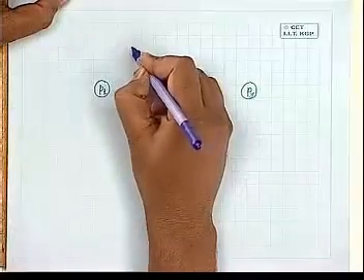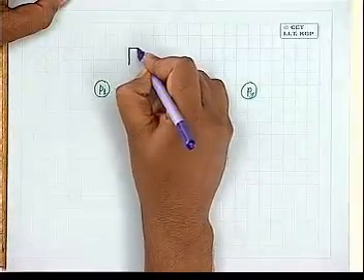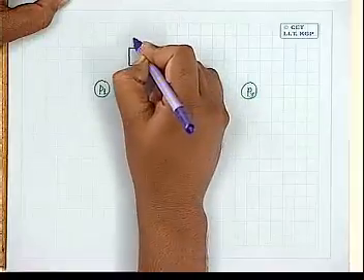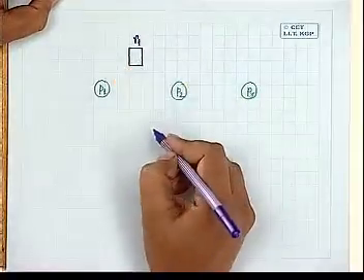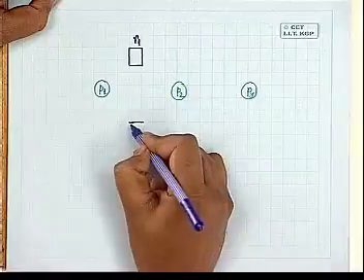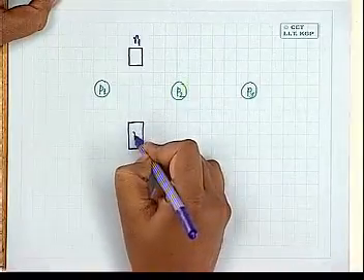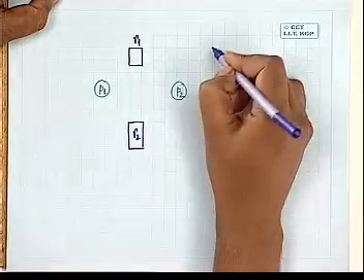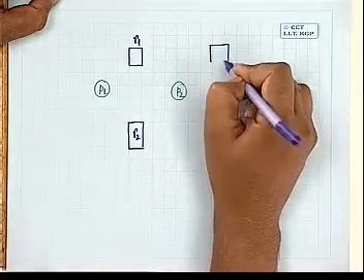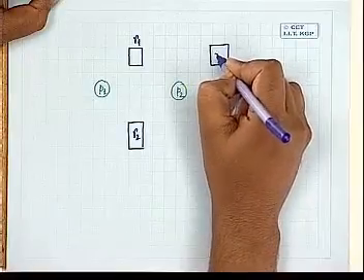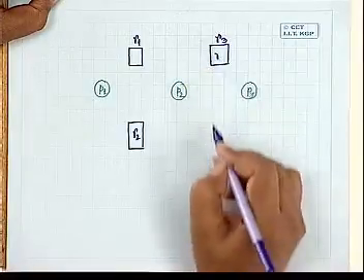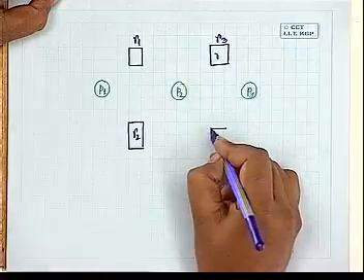And suppose this system has 4 resource types, and those resource types we will put as resource type R1, resource type R2, resource type R3, and resource type R4.